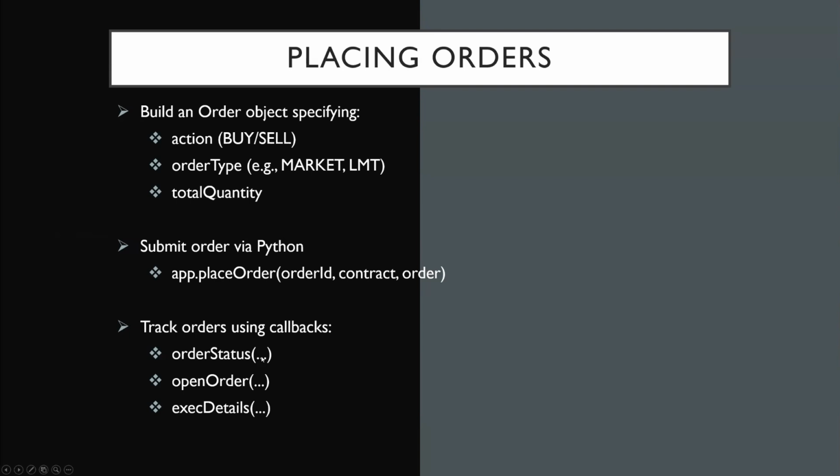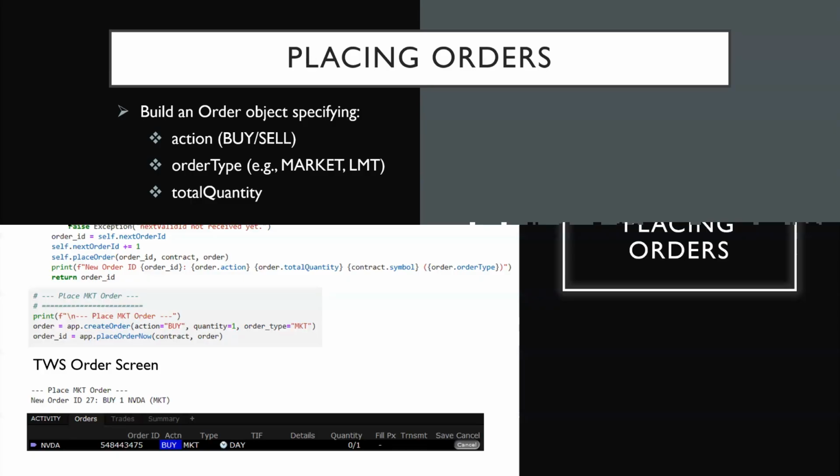We'll be getting back order status updates, a callback for open orders information, and execution details as well. Those will be coming back as callbacks asynchronously. We'll be getting regular updates on these things, and it's on us then to modify our code to track that information, store it and print it as we see fit.